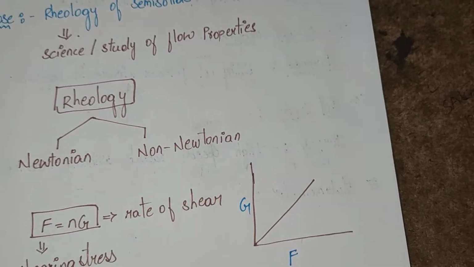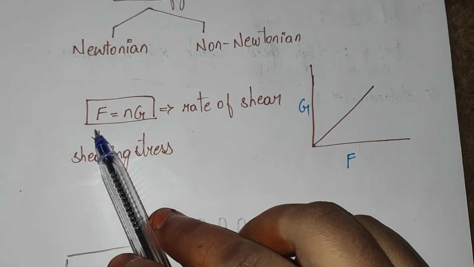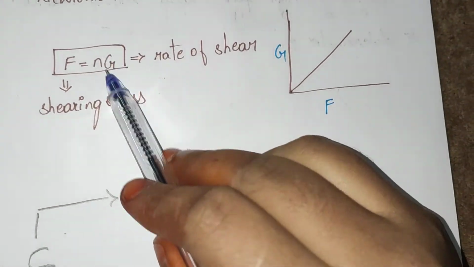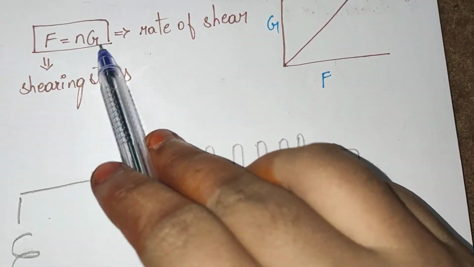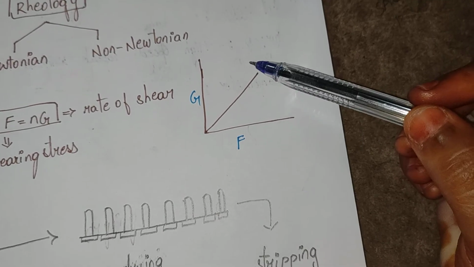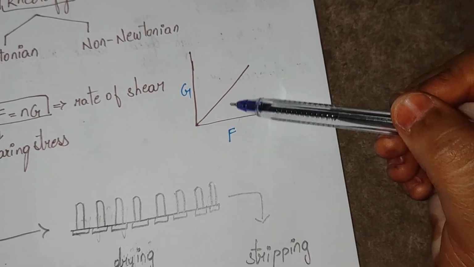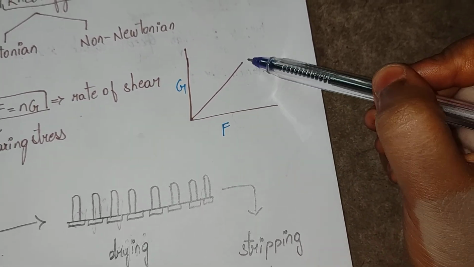What is Newton's law? F equals Ng, where F is the shear stress and G is the rate of shear. If we plot the graph between the shear rate and shear stress, it should be linear.